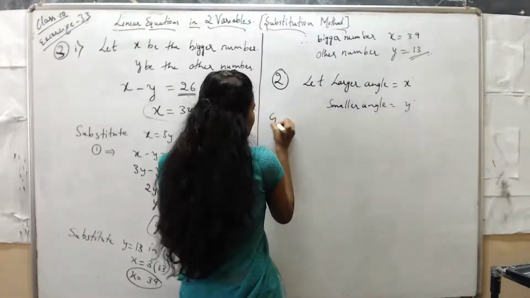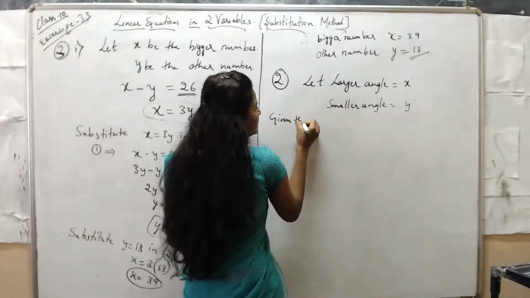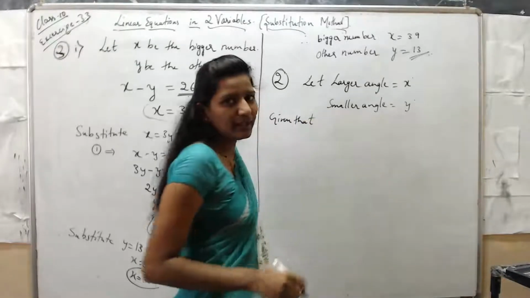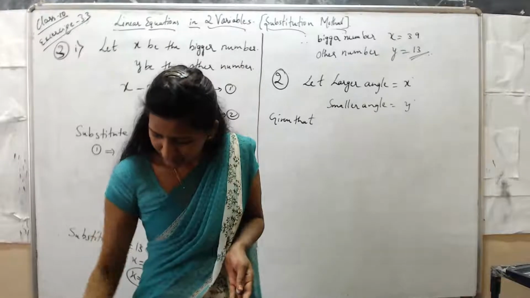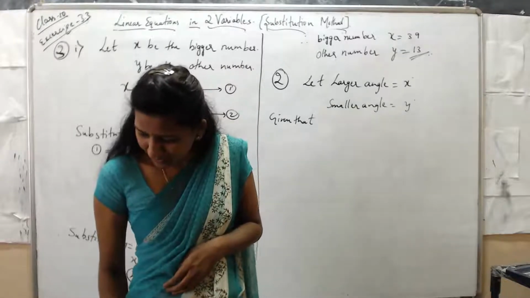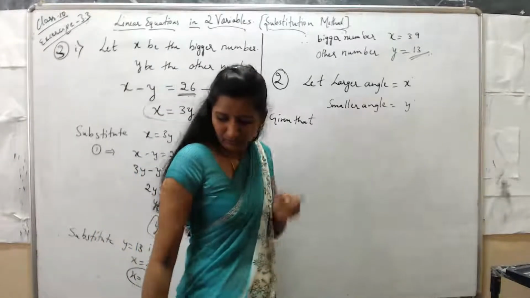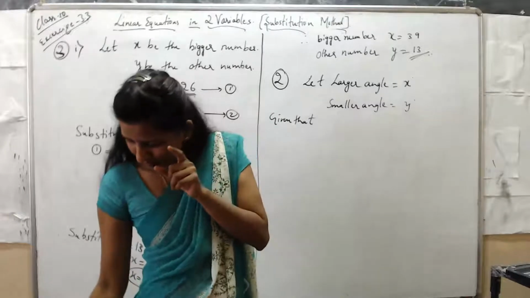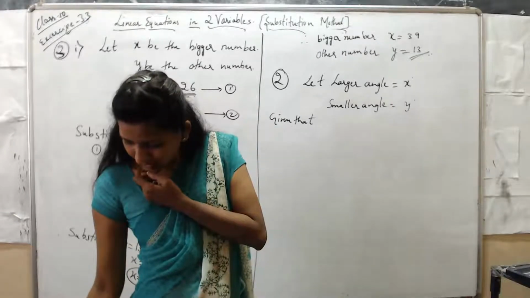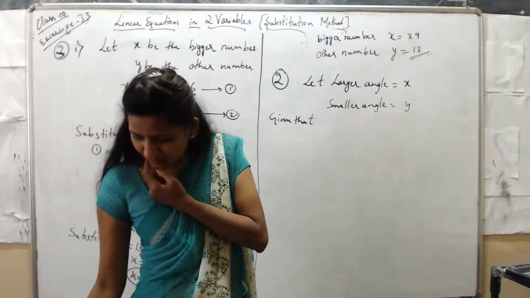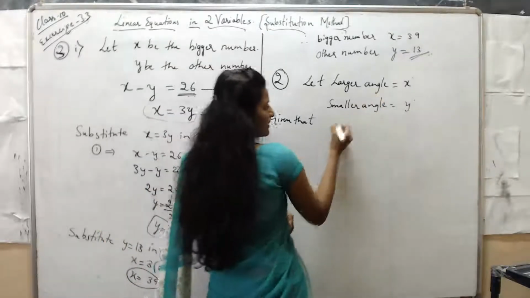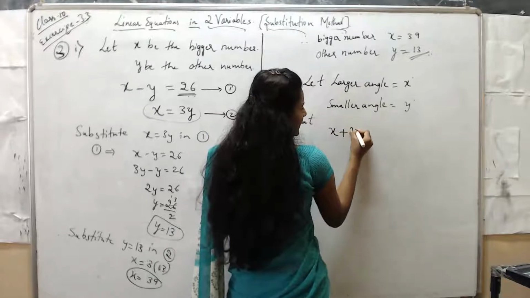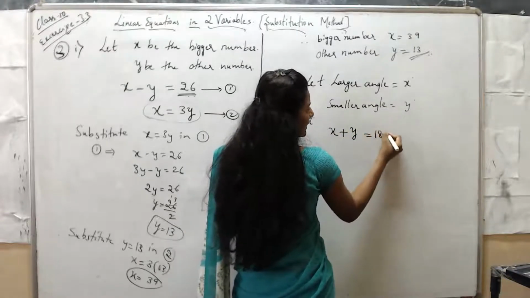Given that the larger of two supplementary angles exceeds the smaller by 18 degrees. Supplementary angles means x plus y is equal to 180 degree.